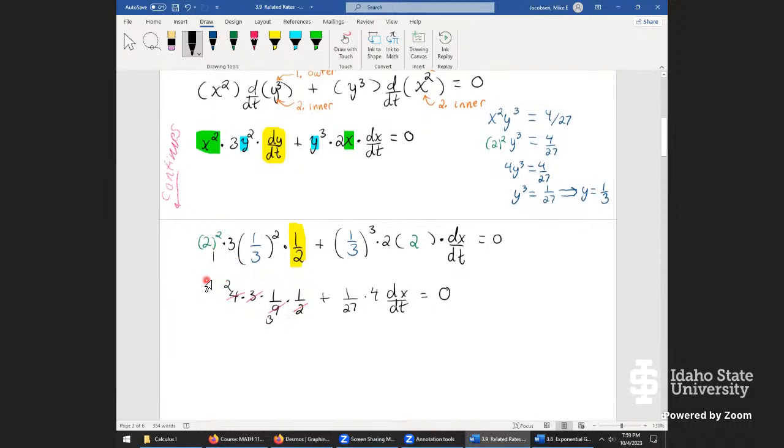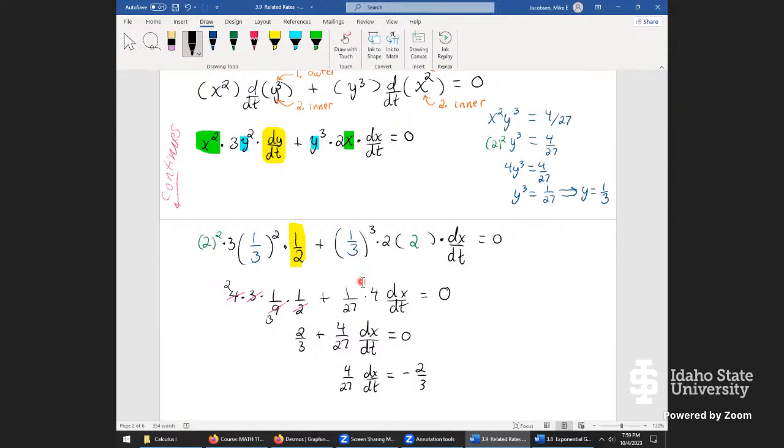So this first term right here looks like it's a glorified 2/3, not too bad. Plus, over here it's a 4/27 dx dt. Now let's subtract 2/3. 4/27 of dx dt is now -2/3. And hey, that's good.